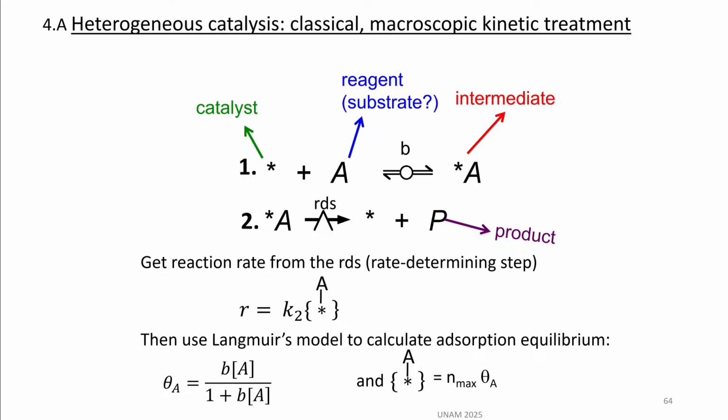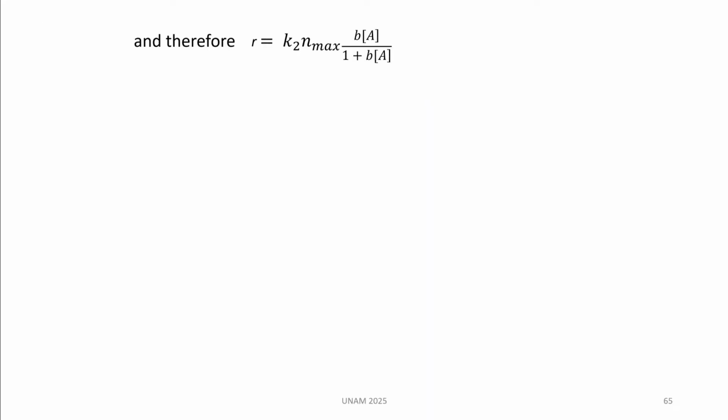We can substitute this value of the concentration of adsorbed sites into the rate equation, and we find something very similar to the Langmuir isotherm, but this time to find the reaction rate, the kinetics of the reaction.